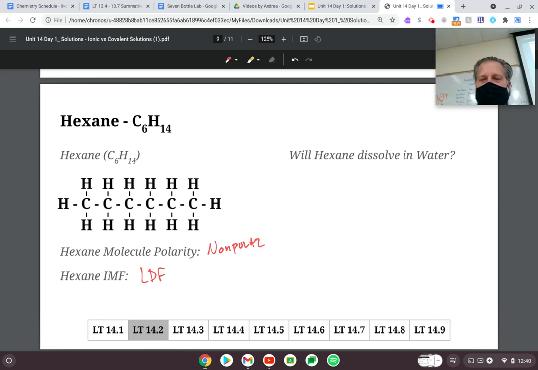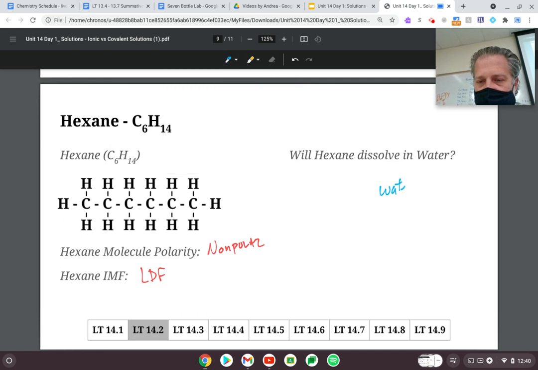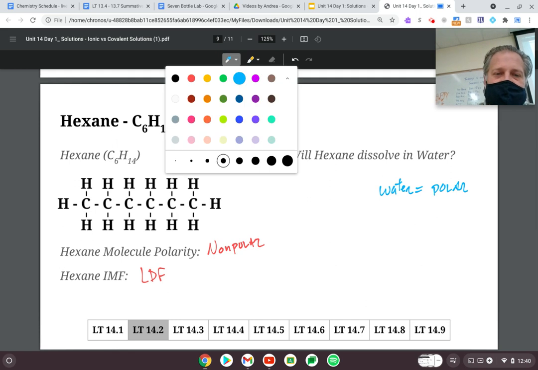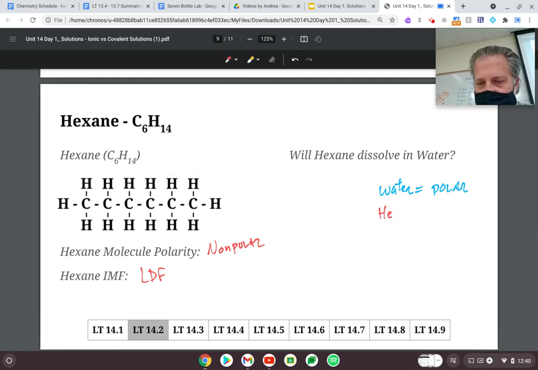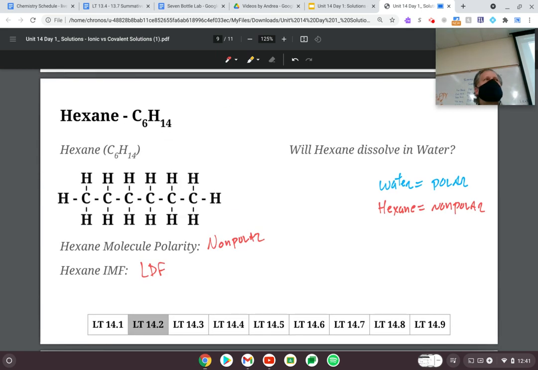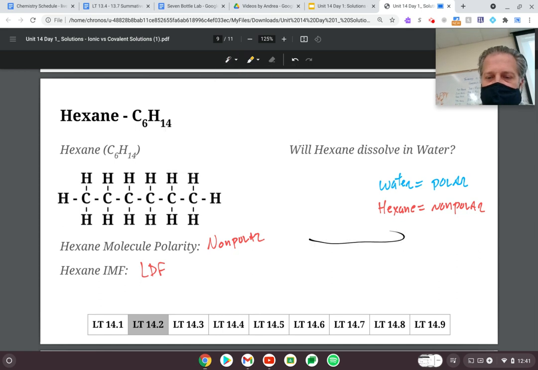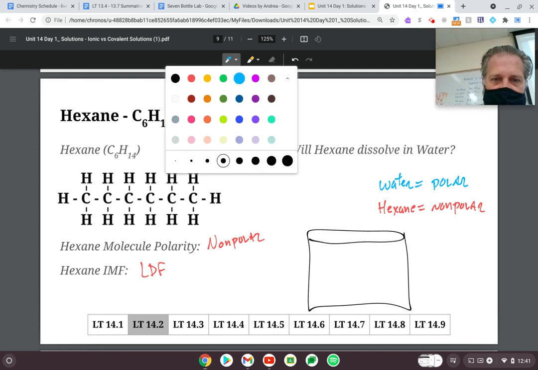Now, if we know that water is polar and hexane is nonpolar, I mean, technically speaking, nothing will happen. But if I want to draw a picture of what that would look like, I will. Here I'm going to have my water.